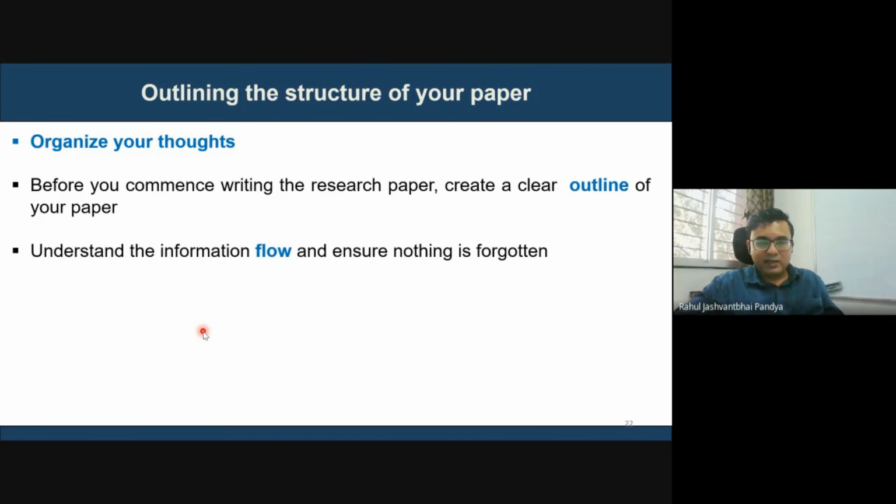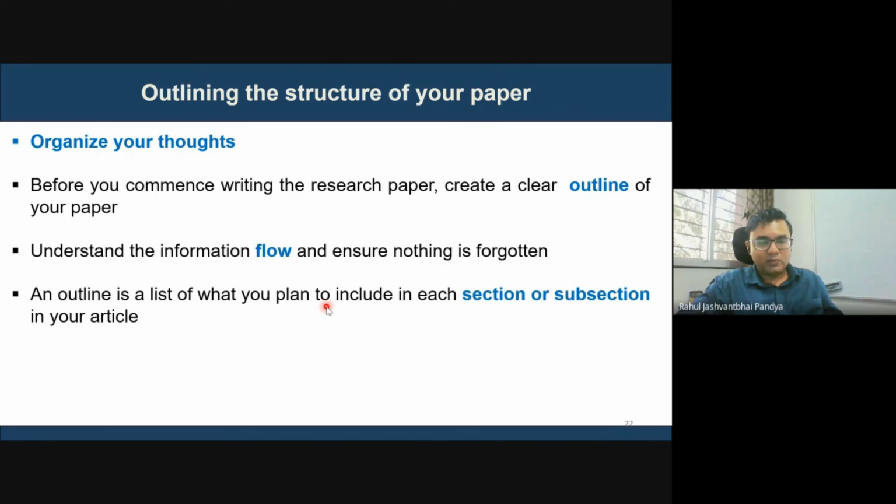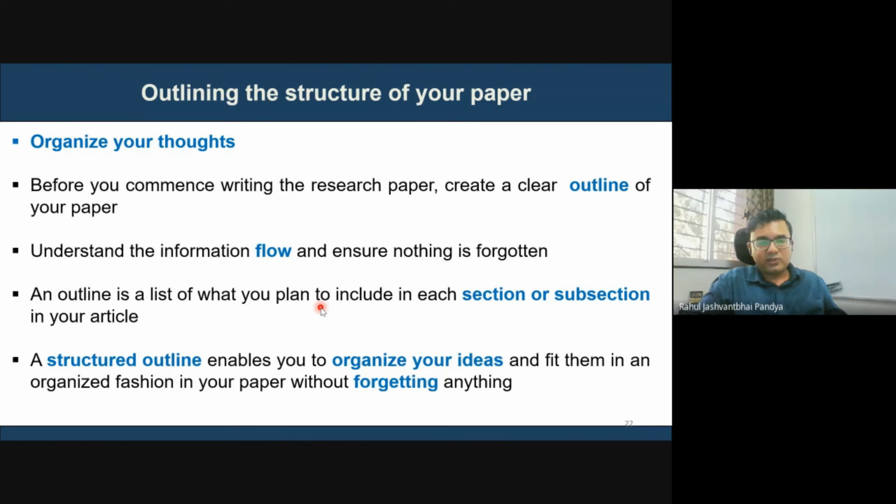So we can create the outline based on my research problem, and list out all the sections, subsections, and the bullets of the content that I'll enter in each particular section and subsection. So the entire outline, the entire structure of the research should be ready, correct? And when the outline is ready, it will enable us to organize our ideas when we start actually writing them, without forgetting anything.